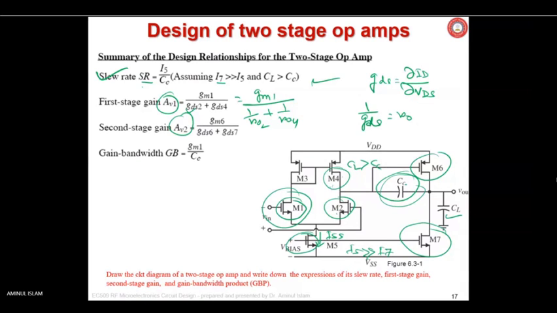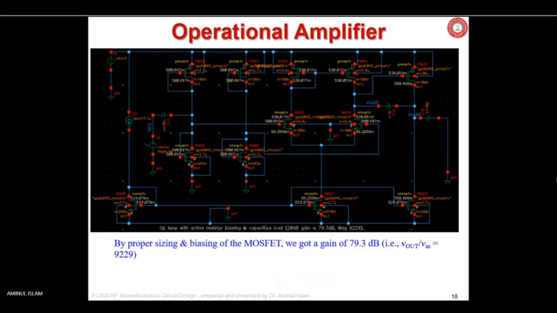This is in brief. These are the conditions to be kept in mind for designing the CMOS based operational amplifier. There is a lot of calculation. Based on calculation we do the design, but I am skipping here because we have to do something else.